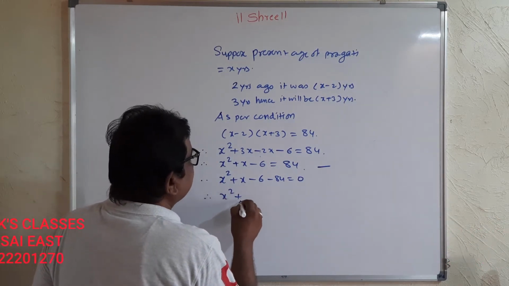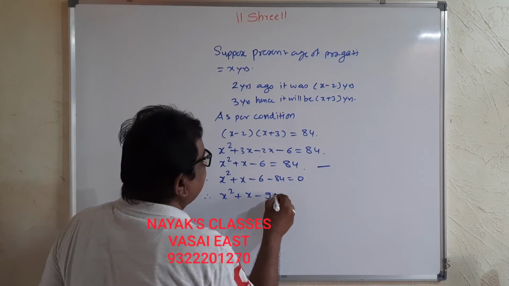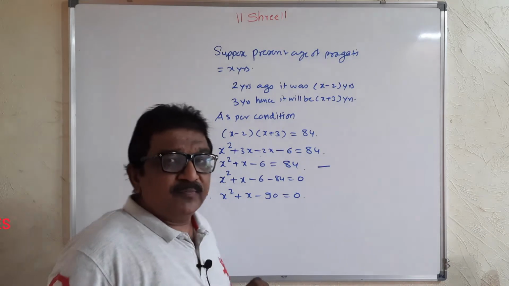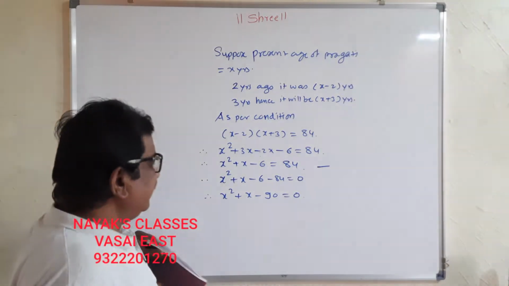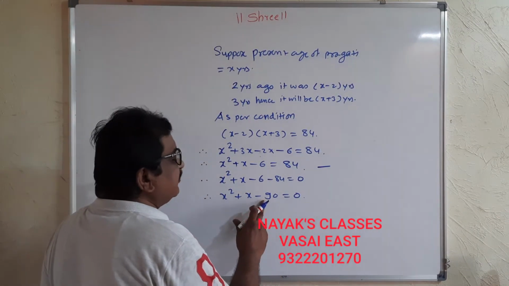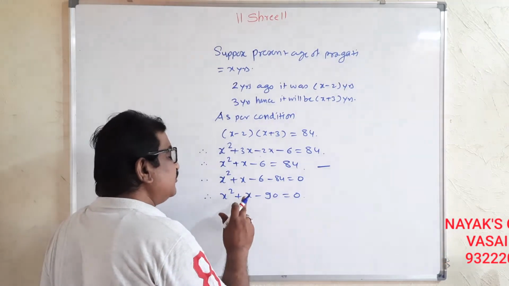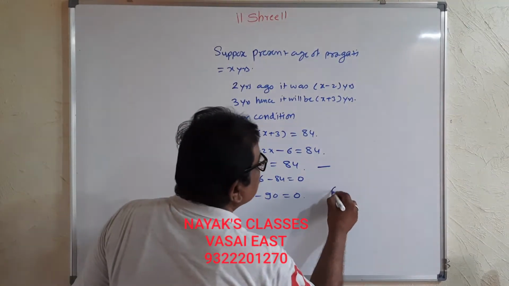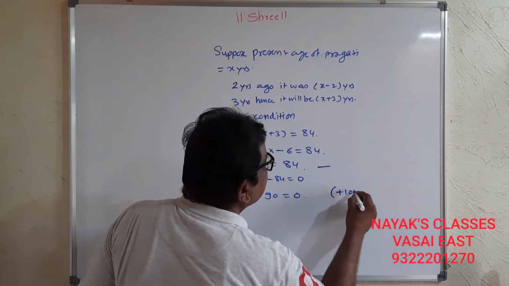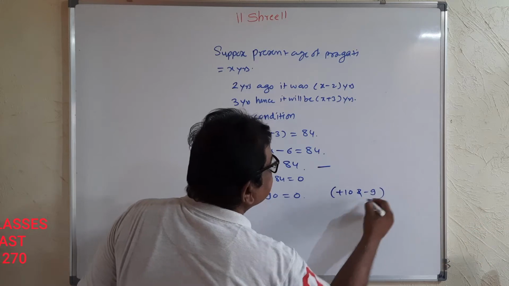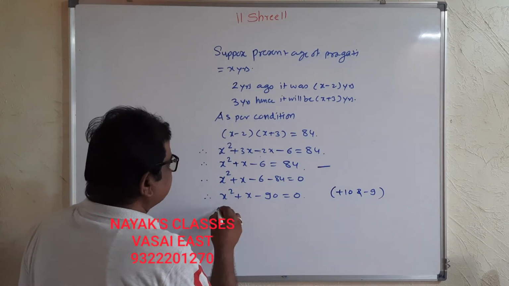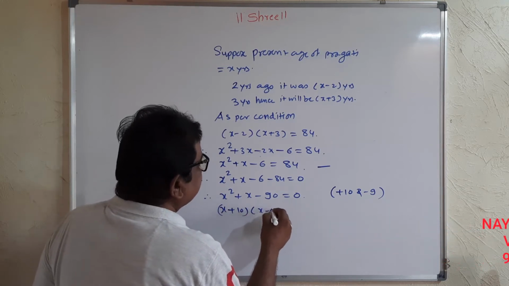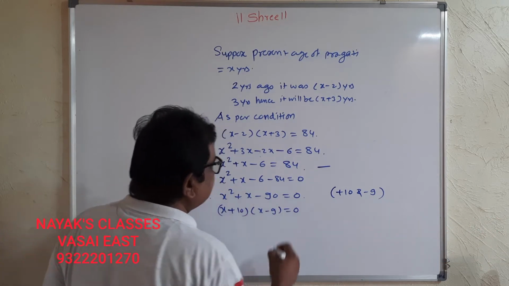Therefore, x square plus x minus 90 is equal to 0. Now, we need two numbers in such a way that their product will be minus 90 and sum will be plus 1. So, those numbers are plus 10 and minus 9. Using these numbers, x plus 10 and x minus 9 is equal to 0.